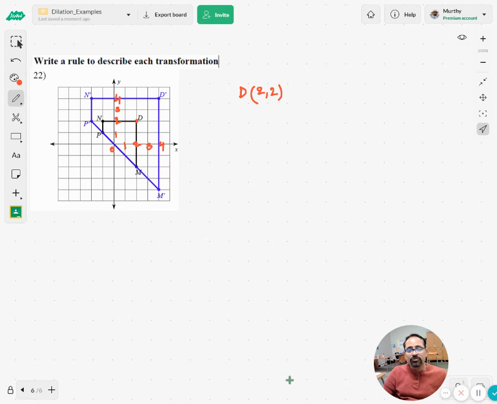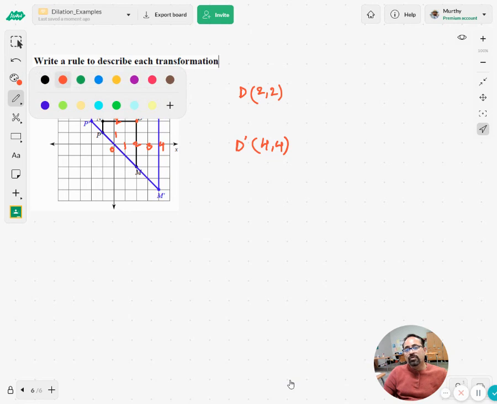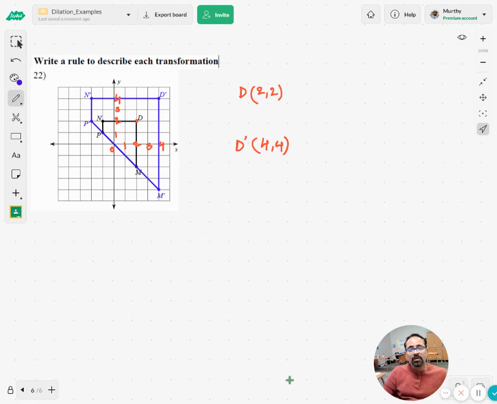And when it comes to D prime, you can see that on the x-axis it is 4, and on the y-axis this is 4. Okay, so as you know, this is the original one, pre-image. D prime is image.